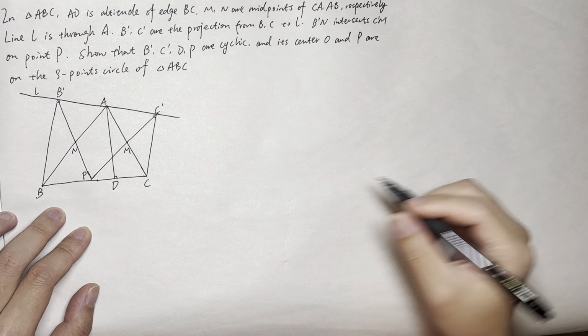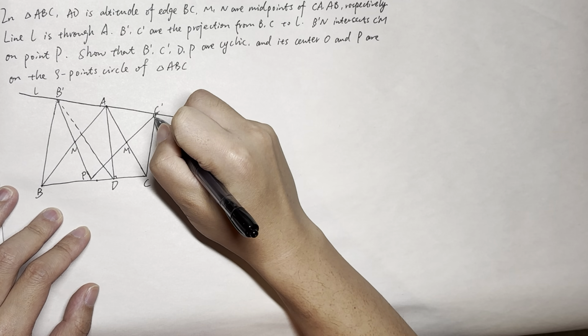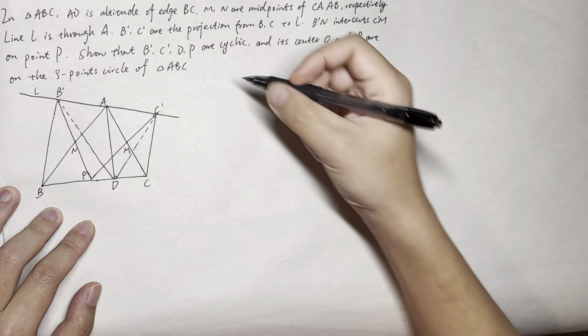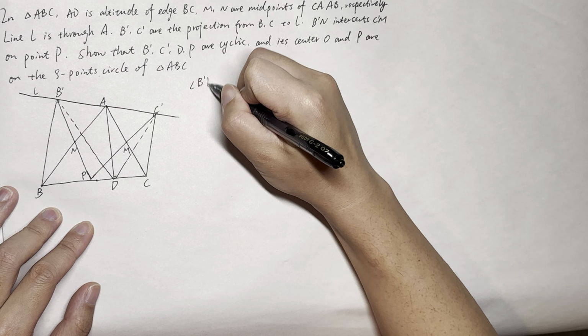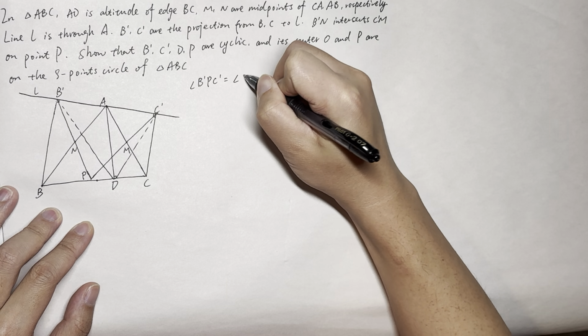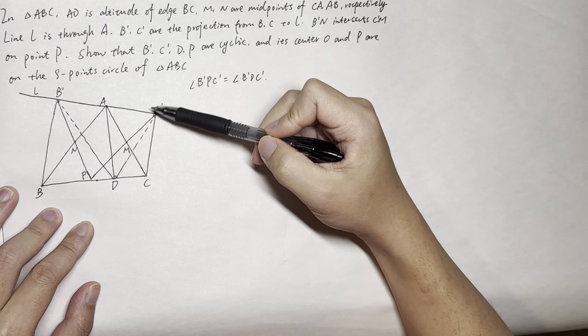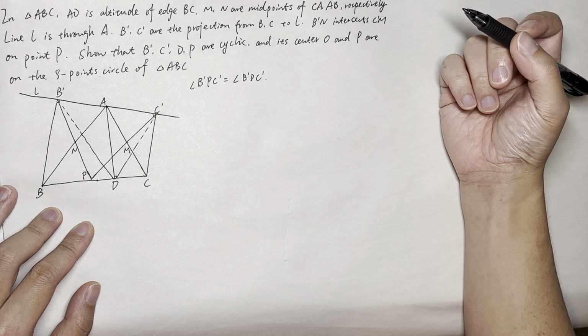The very basic thing is that we can connect B prime D and C prime D, right? If we can prove that angle B prime PC prime equals angle B prime DC prime, then we know that B prime C prime DP are cyclic, right?